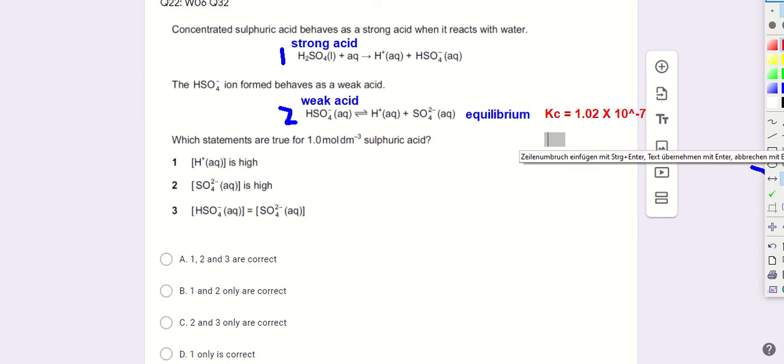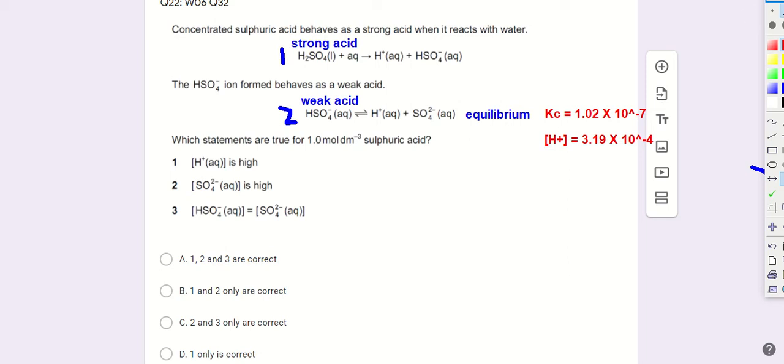The concentration of hydrogen ion in this solution is actually 3.19 times 10 to the power of -4. Okay, which is very small, very low.